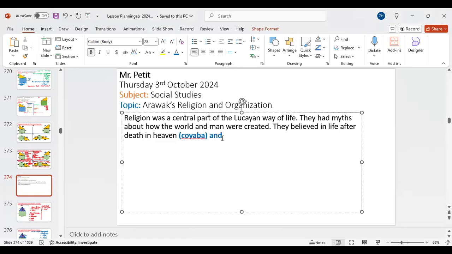And in supreme beings, they had a sky god and an earth goddess.